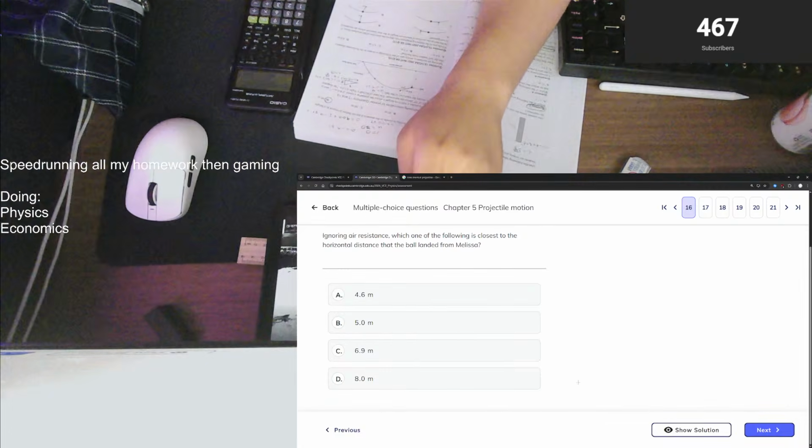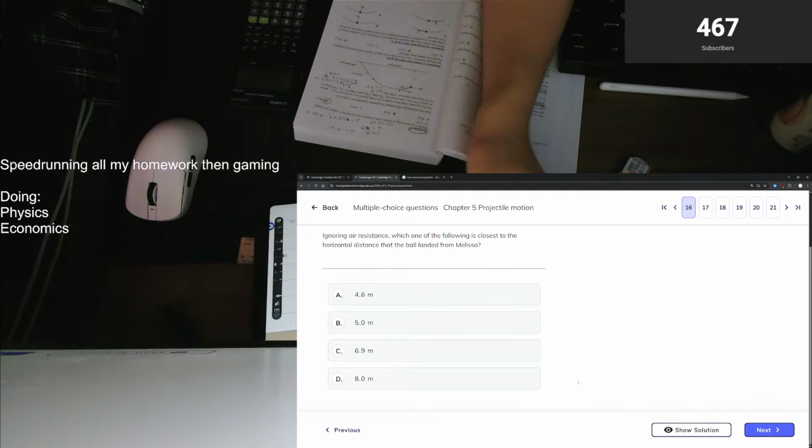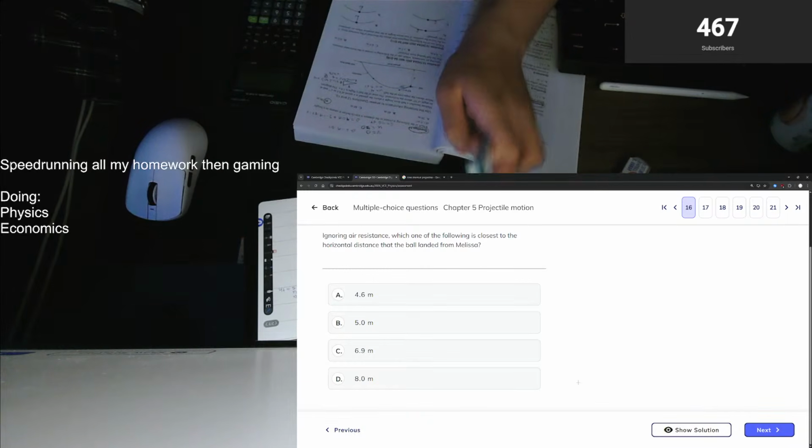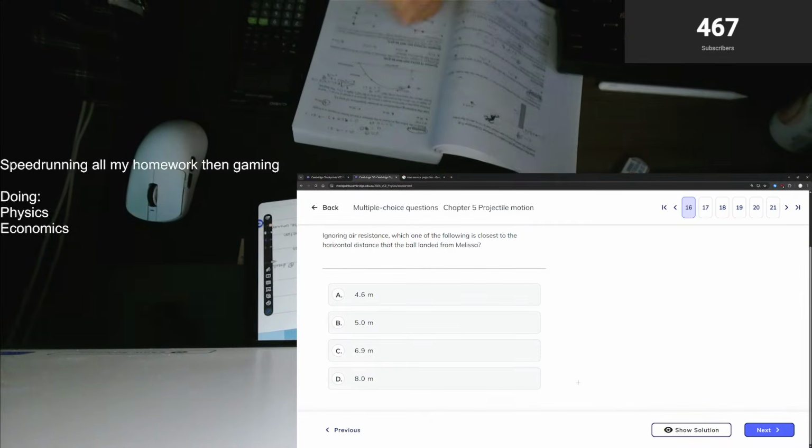How do I get horizontal distance? Get it. I don't know.